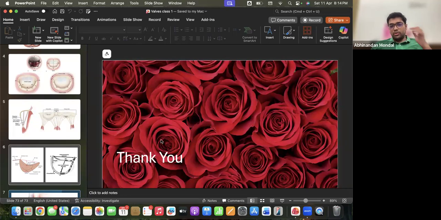There is one question. How to diagnose a restriction of one leaflet and a flail or prolapse of another? Oh, there is a complex pathology. If there is restriction of one leaflet, the more you see your normal valve, the more you will be able to understand which is a normal movement of one leaflet and which is a restricted movement.